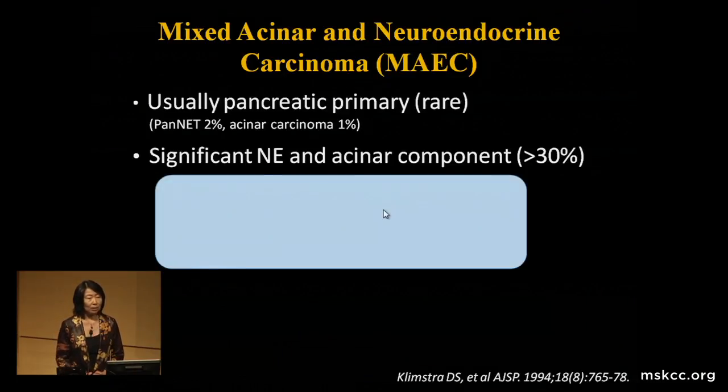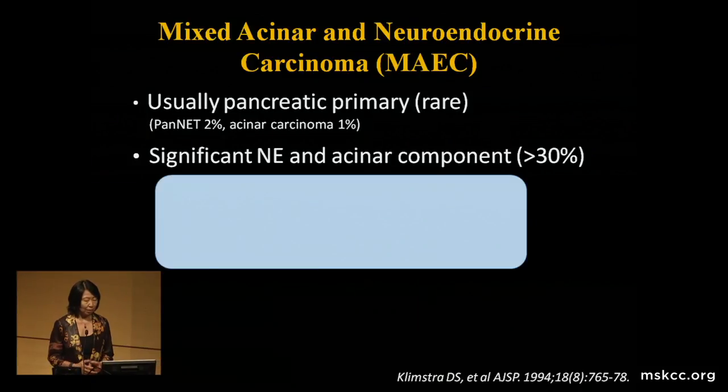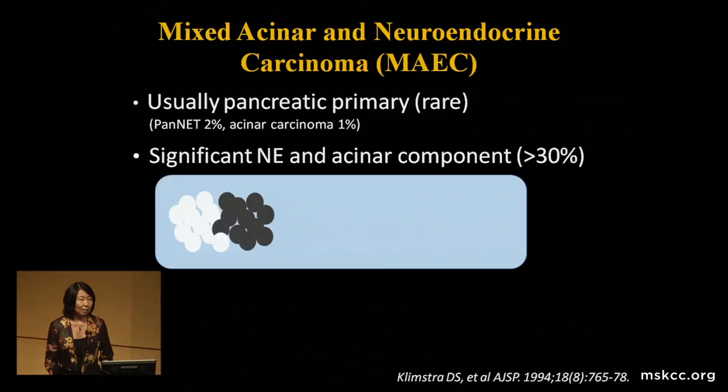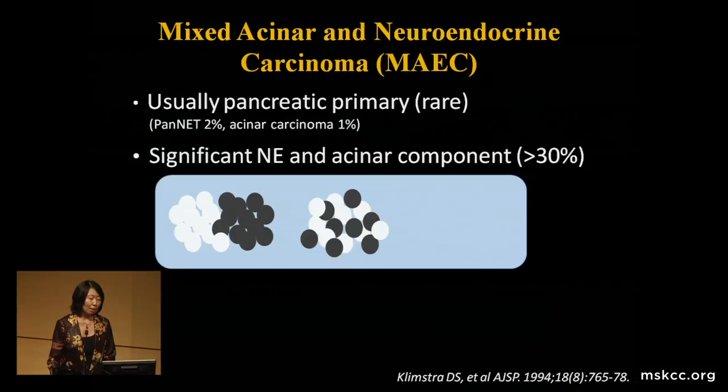Theoretically, there could be three possibilities in terms of histological pattern. The neuroendocrine and acinar components can be completely separated as two distinct components, which would be easier for us to recognize on H&E. However, they can be admixed. In this case, probably representing our case, it will be very difficult to recognize on morphological basis alone.